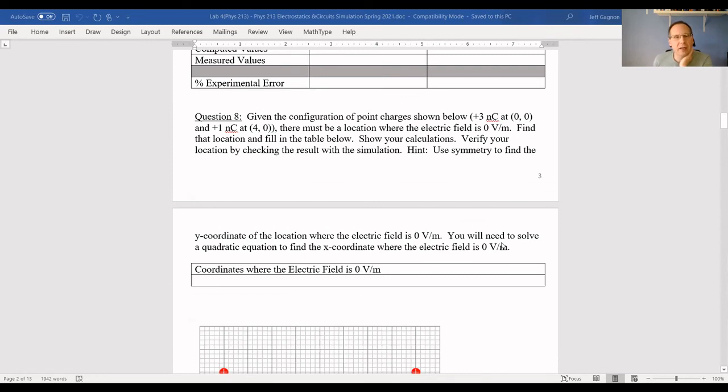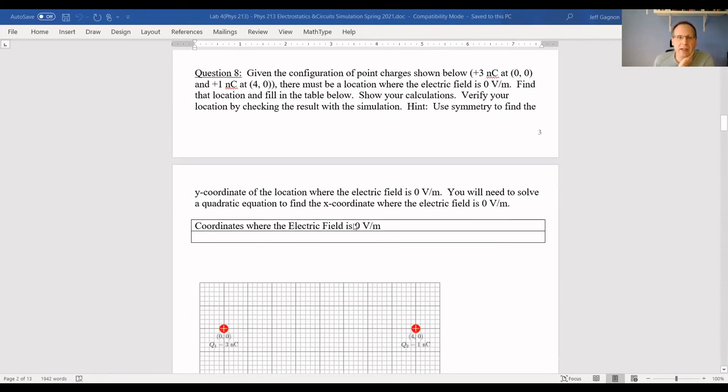Okay, and then the last thing I want you to do for this first part of the lab is question 8 here. So let's say you're given this configuration: a +3 nanocoulomb charge at (0, 0), and then a positive 1 nanocoulomb charge at (4, 0), so 4 meters away.